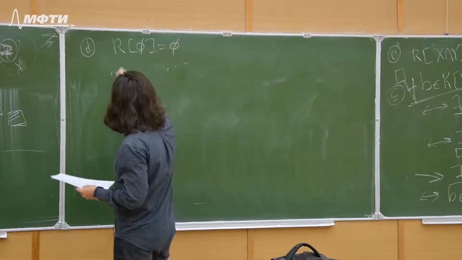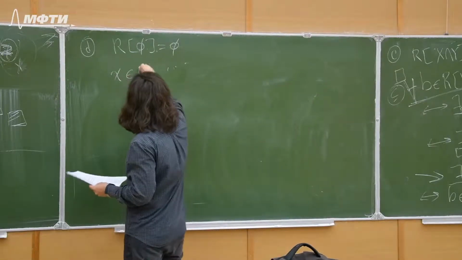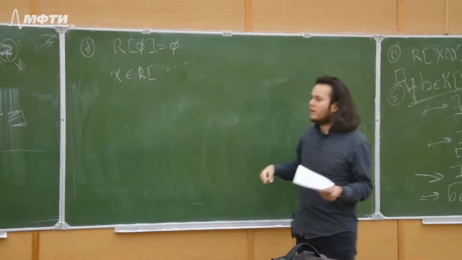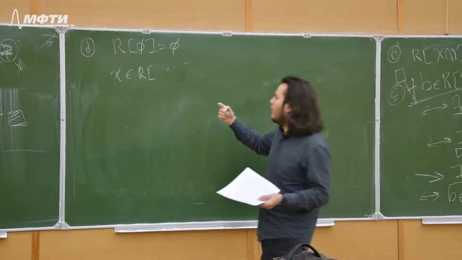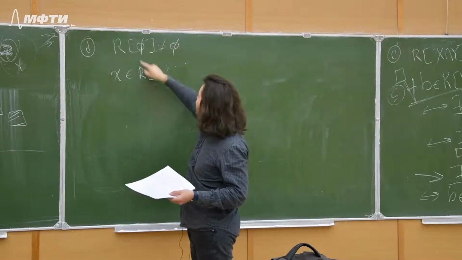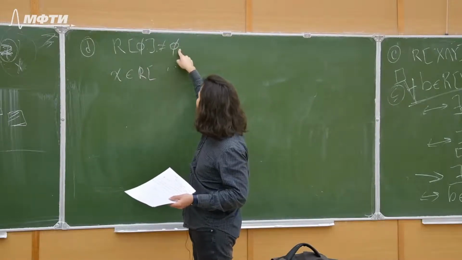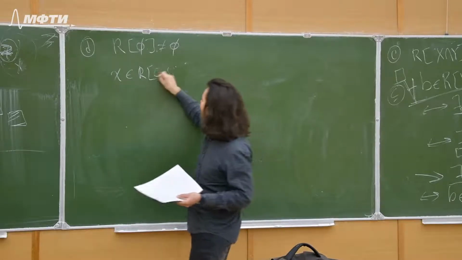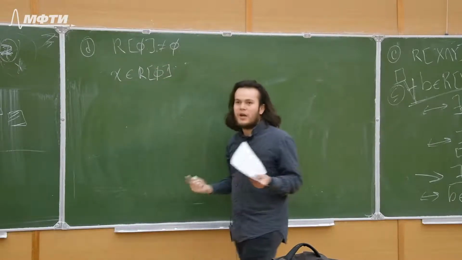So let me write that. Let's assume that this is not true, that this is not empty. So it means that there exists some X in this set.